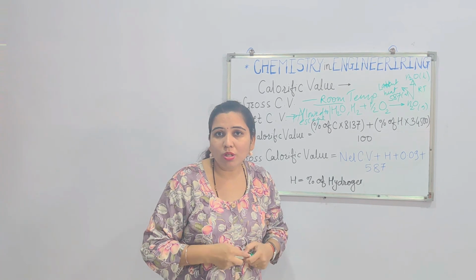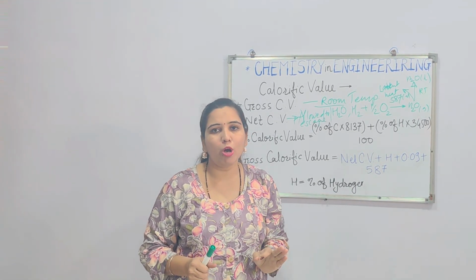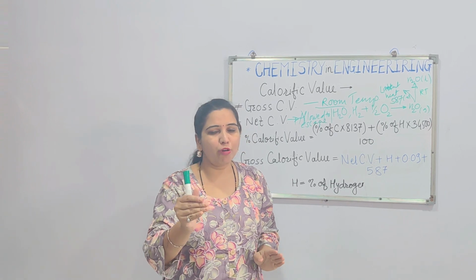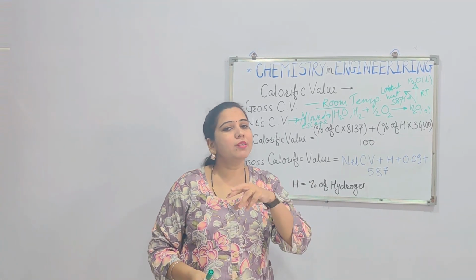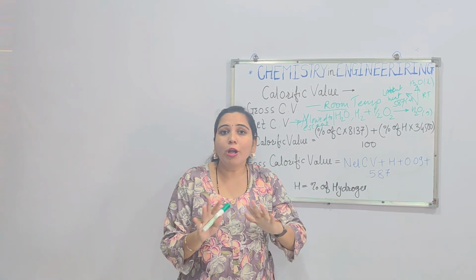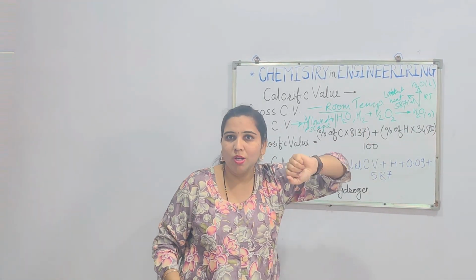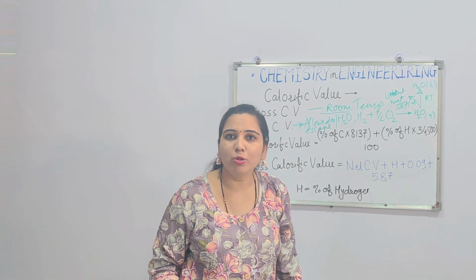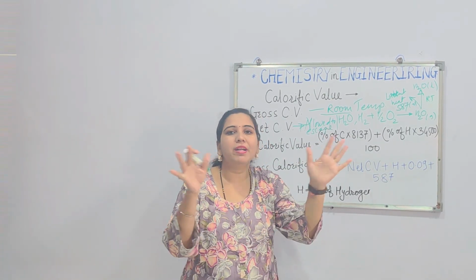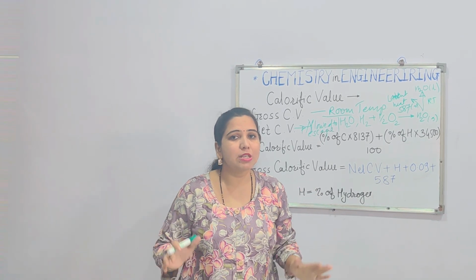We carry out the burning of one unit of the fuel sample, there is production of energy, and after that, at that higher temperature, the reaction is opened. That means all the products, including the H2O gas, are allowed to escape into the atmosphere, so the water vapor is removed. There is no latent heat of condensation of water.